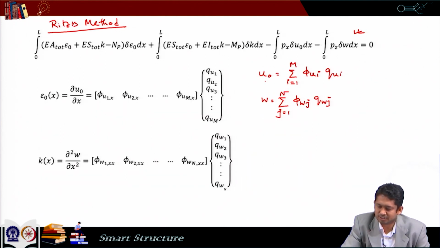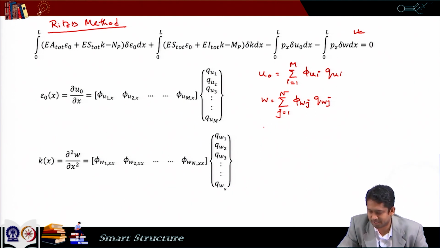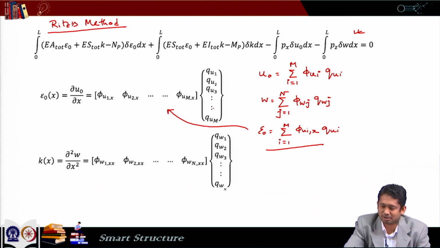Now, if u 0 is this, we know that epsilon 0 is derivative of u 0 with respect to x. So, we can write this as this. So, epsilon 0 becomes our summation of I is equal to 1 to m phi u I comma x multiplied by q u I. Now, this can be written in the matrix and vector form as this. So, this row vector multiplied by this column vector gives me this.